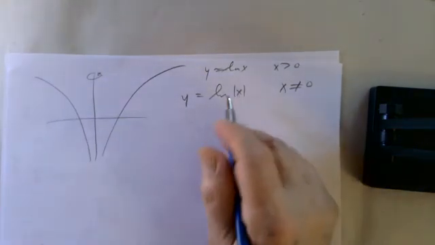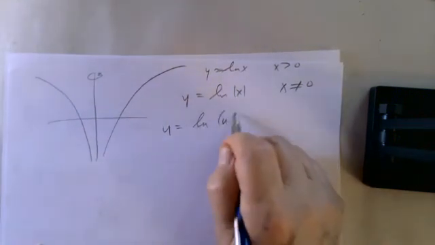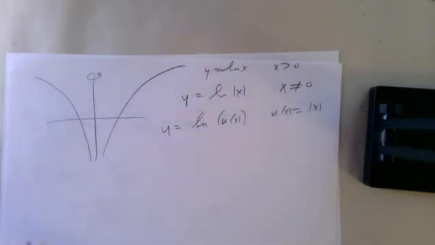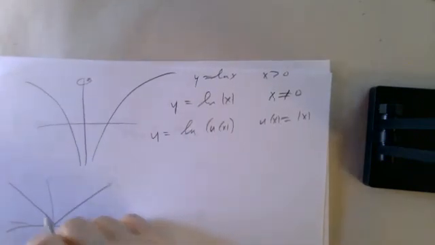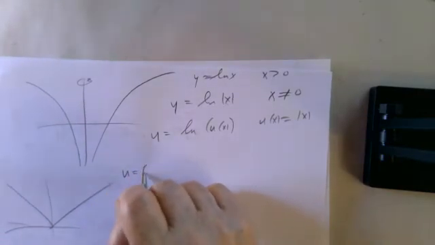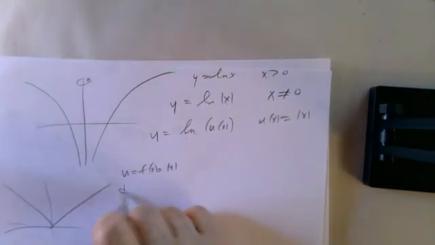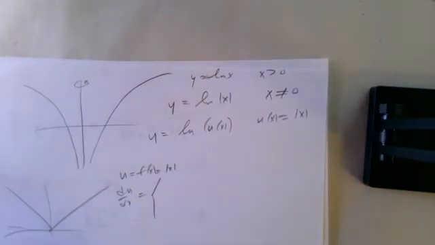And we can think of this as a composite function. This is like the log of the function u of x, where u of x is the absolute value of x. What does the absolute value of x look like? This is a v-shaped function. Let's say the function u equals this function of x, which is the absolute value of x. What is du dx? Well, it depends on whether x is positive, negative, or 0.